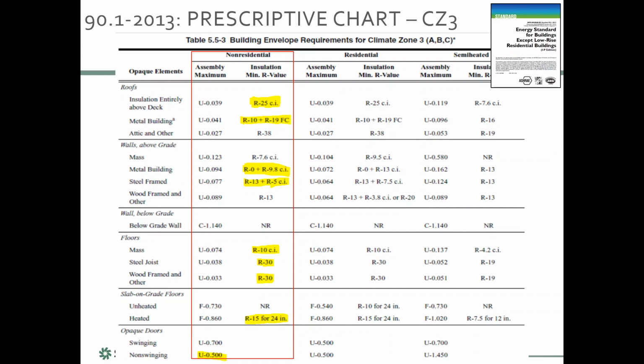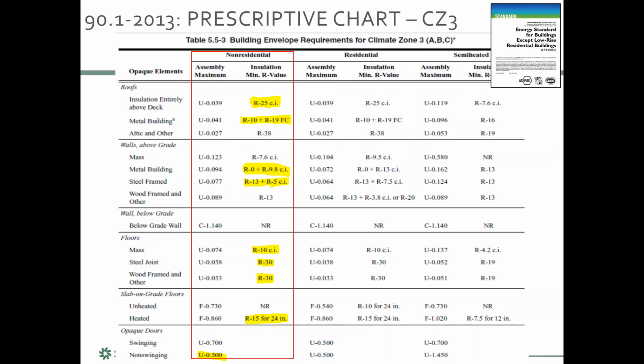Likewise with walls: a mass wall, concrete or cinder block, R-7.6, or any assembly with a U-factor of 0.123 or lower. And if you did the math, if you took 1 over this R-value, you'd get something very close to that U-factor. It's not exact because there are some air films.